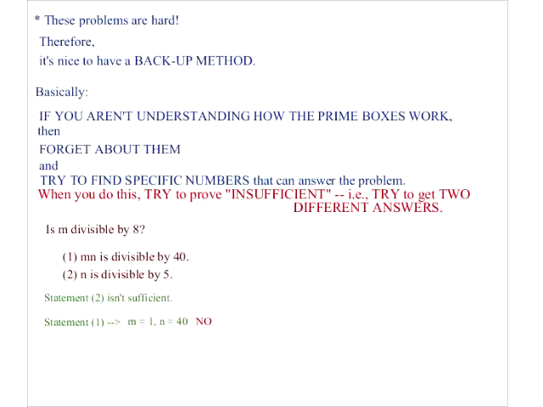And then if you reverse those numbers, then that's a yes to the question. So not sufficient. Smiley face if that makes sense to you guys. Because in a lot of these cases, you're going to have a much easier time just playing around with numbers than you are trying to figure out this prime box stuff.